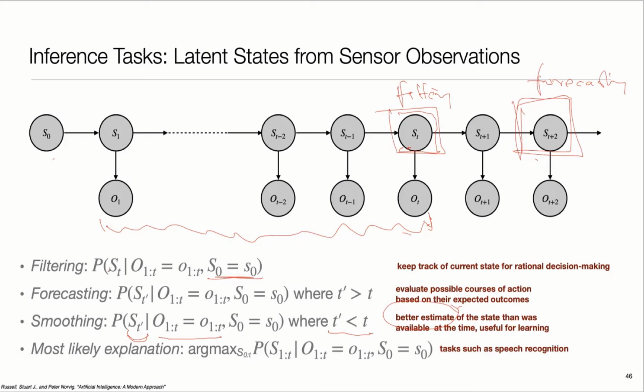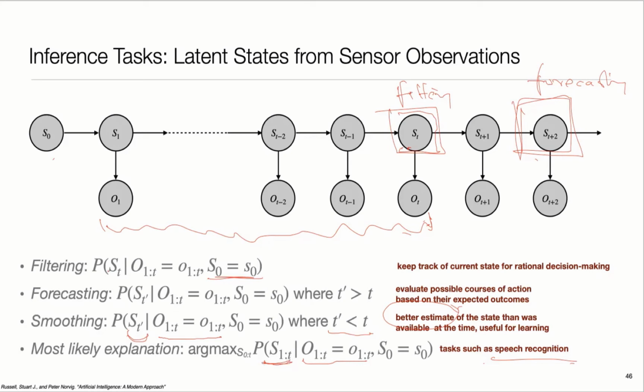And finally, in many cases, in particular things like speech recognition, that is where the offline version of the problem comes in, which is I give you the history, and then I ask you what was the most likely explanation.